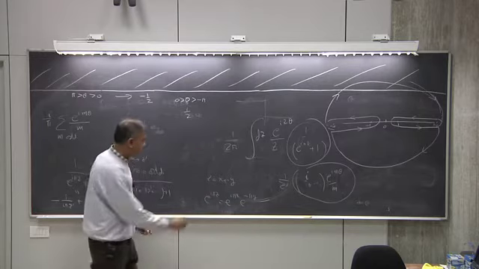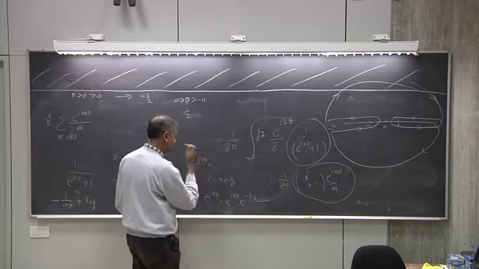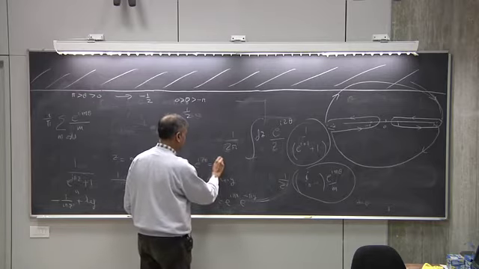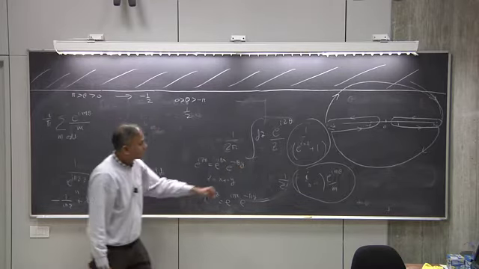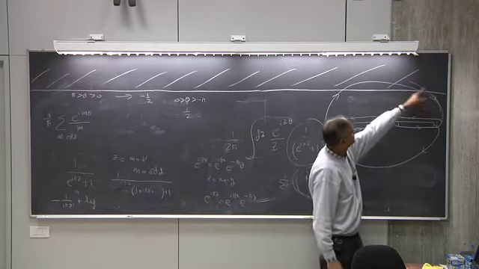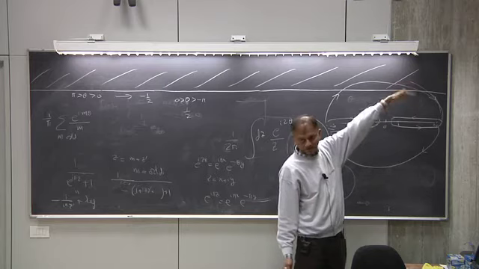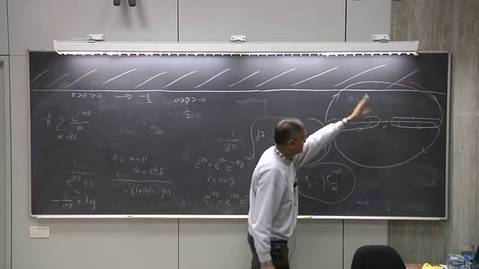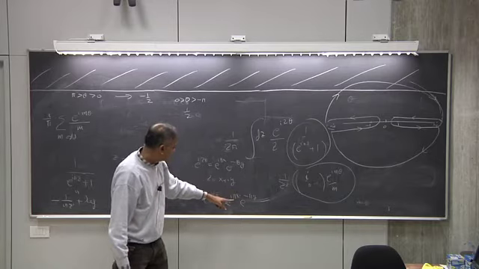Similarly, e to the i z theta is e to the i theta x times e to the minus theta y. Now look at that region, where y is positive and large.